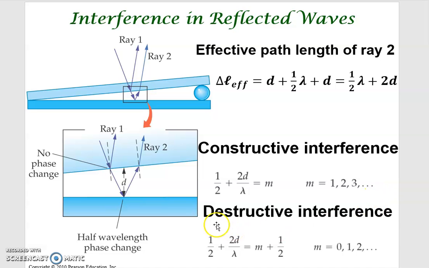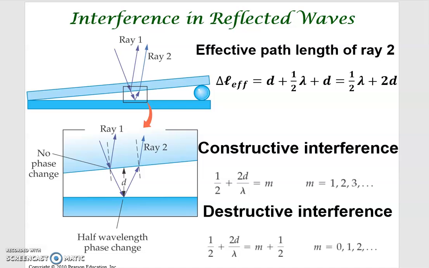And for the destructive interference, this term will equal m minus 1/2 multiplied by the wavelength. So you divide by the wavelength on both sides. You see, this is the result. So that is how we get the interference pattern for the reflective waves.